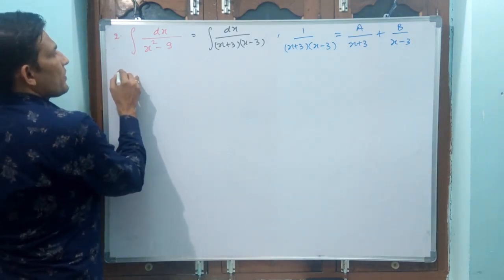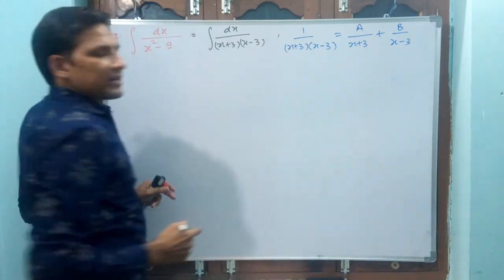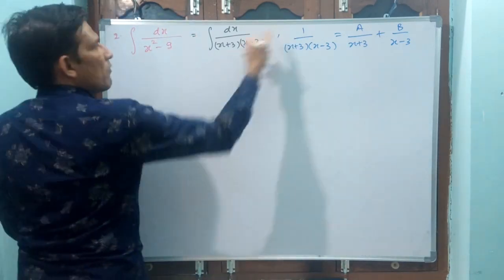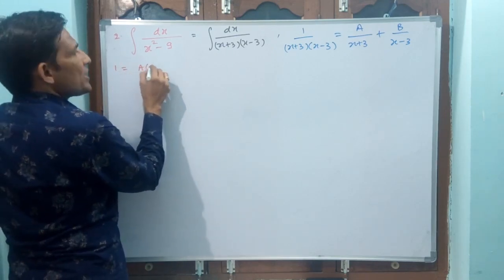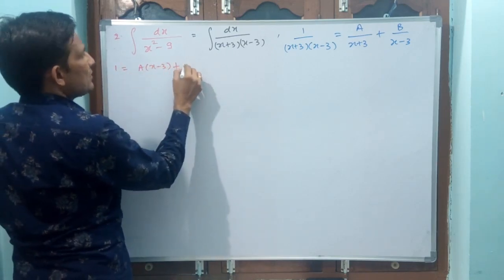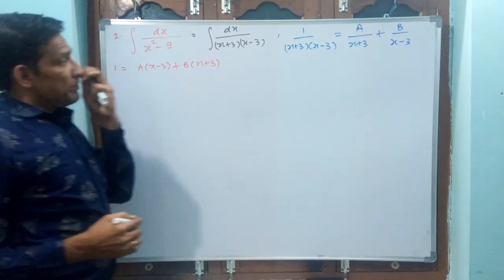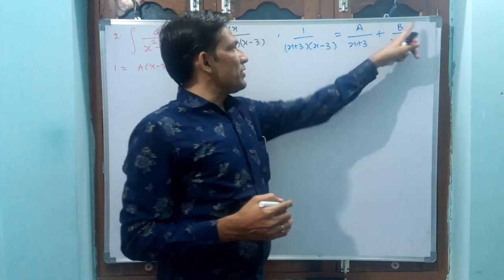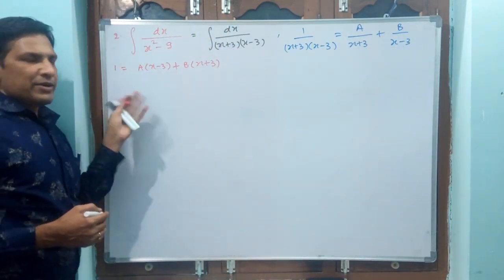I am taking only the numerator, because anyway the denominator after cross multiplication is going to be equal. 1 is equal to a into x minus 3 plus b into x plus 3. Cross multiplication I have done. Denominator same, that is why I need not write again.